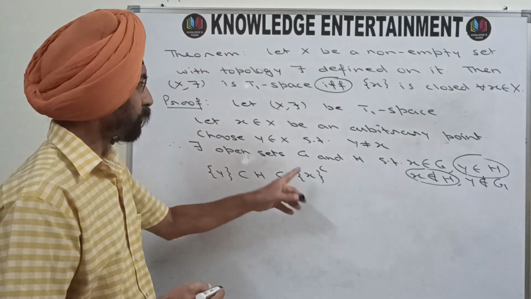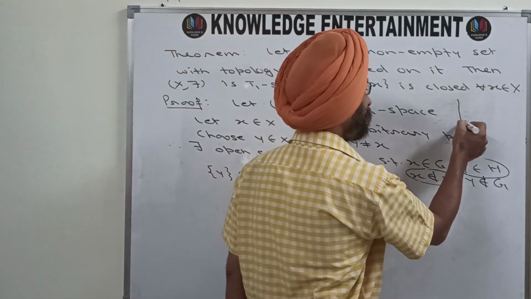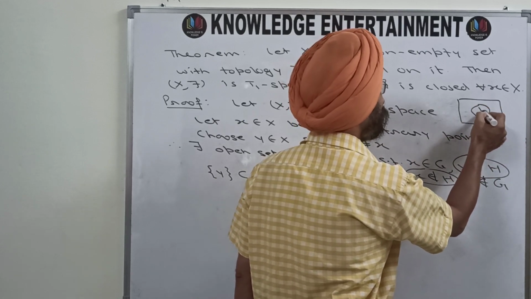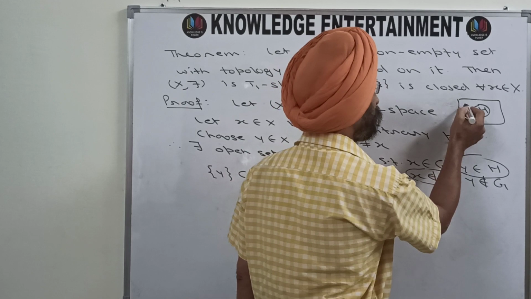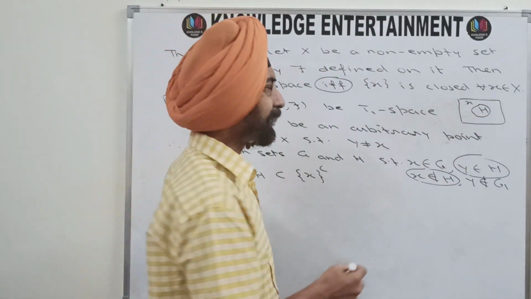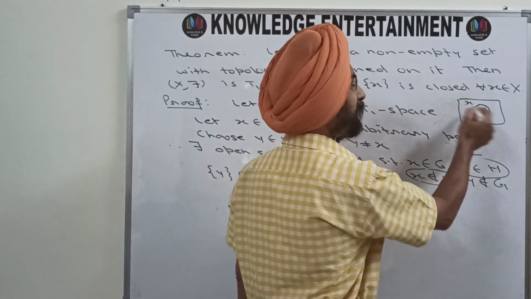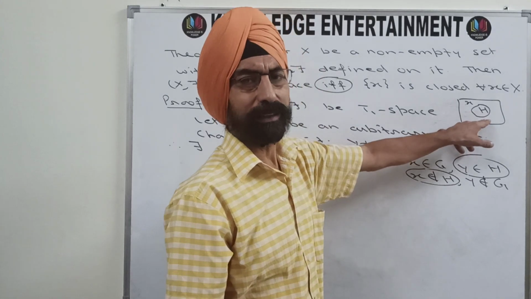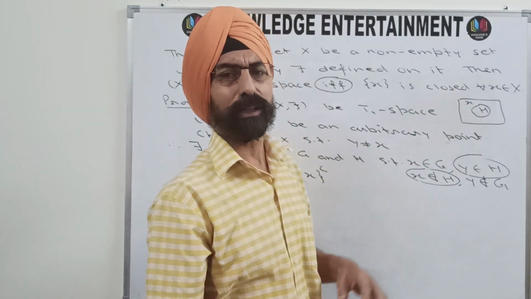It is very much clear. You can see diagrammatically. Diagrammatically, what is happening? This is your H, and x is not in H, so x is not there. So if you take singleton set {x} complement, so everything will be there other than x, and H will also be there in the complement of singleton set {x}.